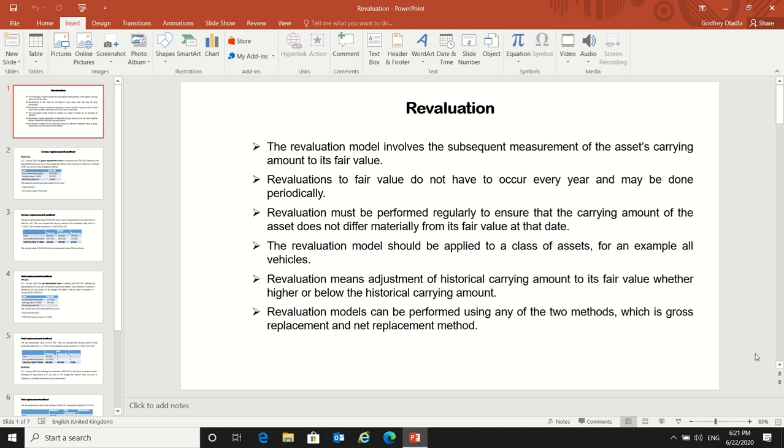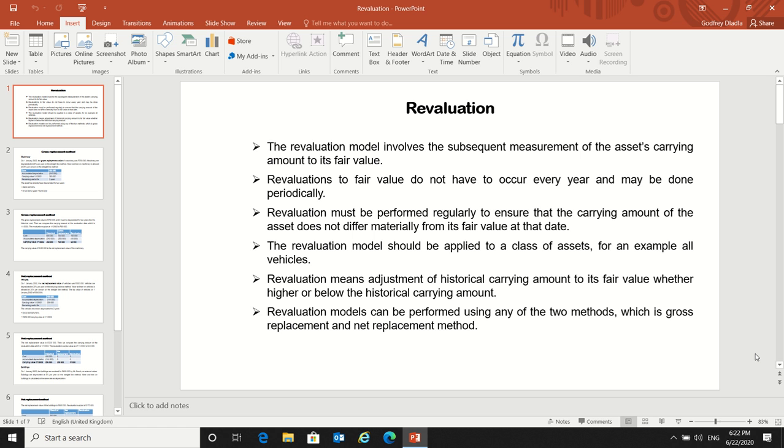Welcome back again. Now, what I want to do is to explain the revaluation to you. What you need to know, for example, is that with revaluation we are talking about the situation whereby, if you buy a house this year for 200,000, after maybe 5 years, they will tell you that maybe your house is worth 300,000.